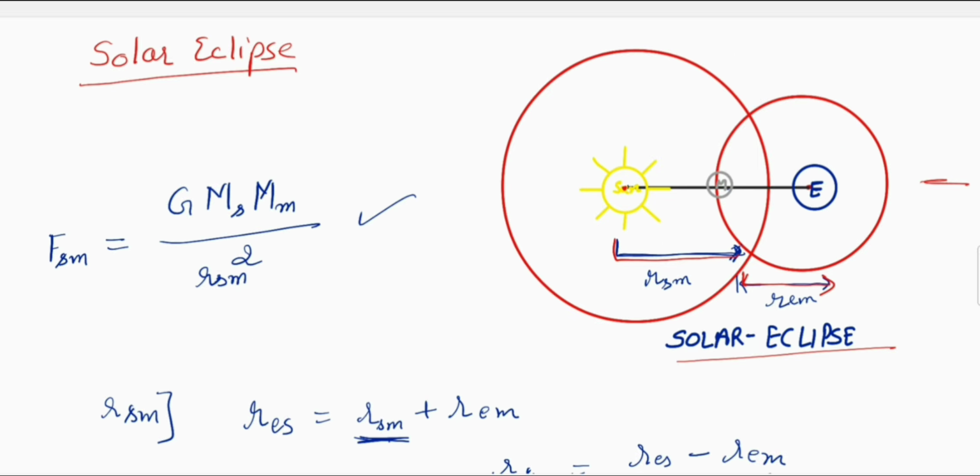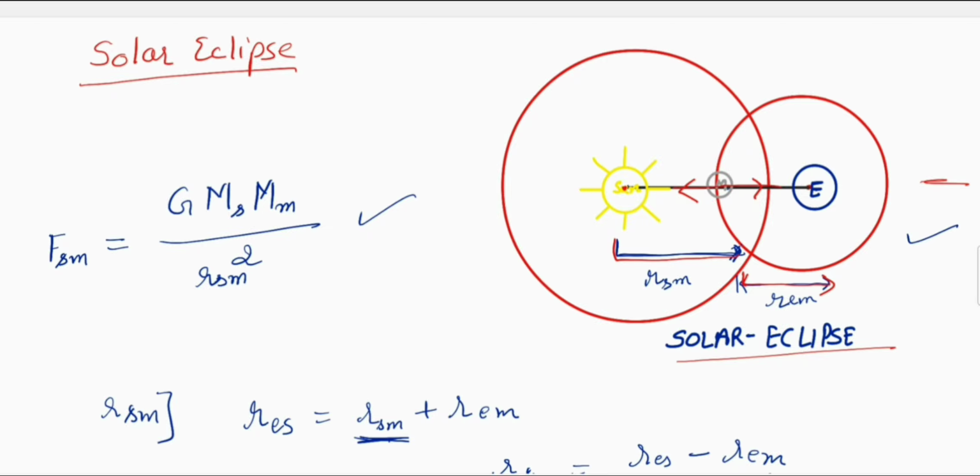So if we see this picture, the gravitational force exerted by the sun on the moon will be in this direction, and the gravitational force exerted on the moon by the earth will be in this direction. So during the solar eclipse, earth and sun will apply the gravitational forces on the moon in opposite directions.